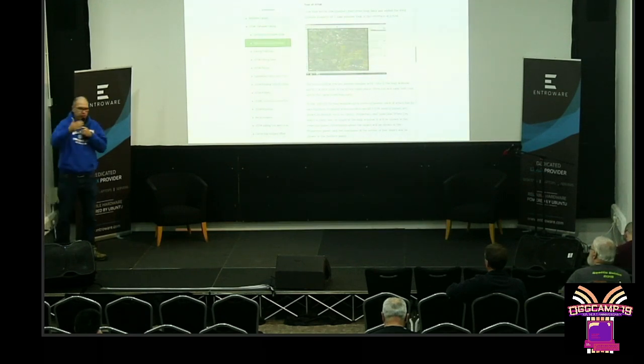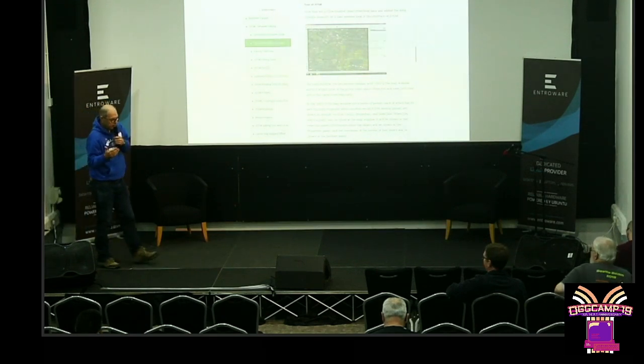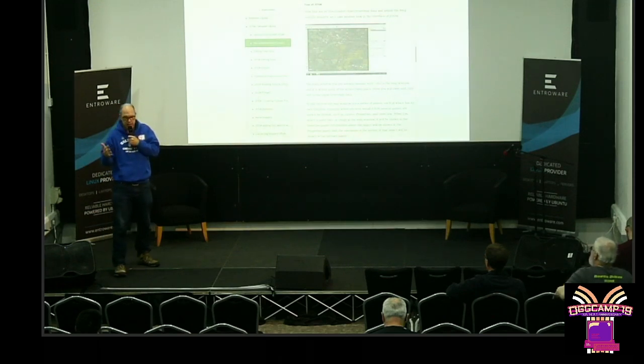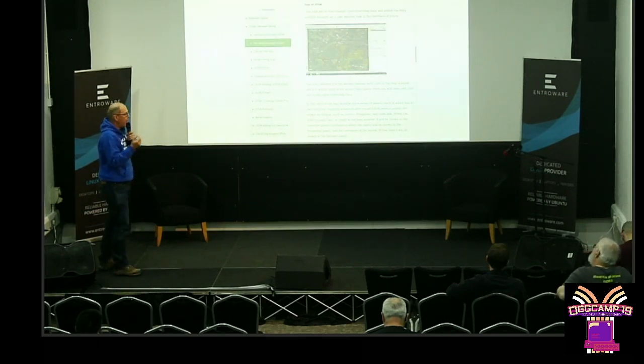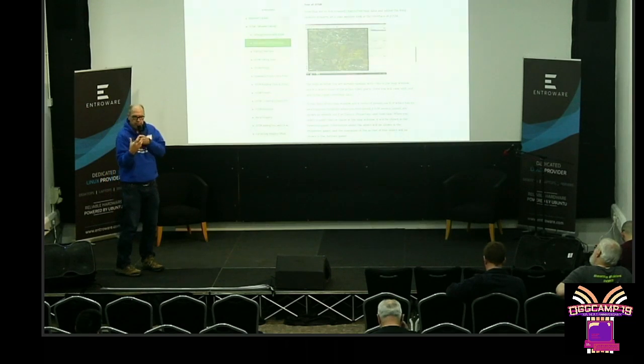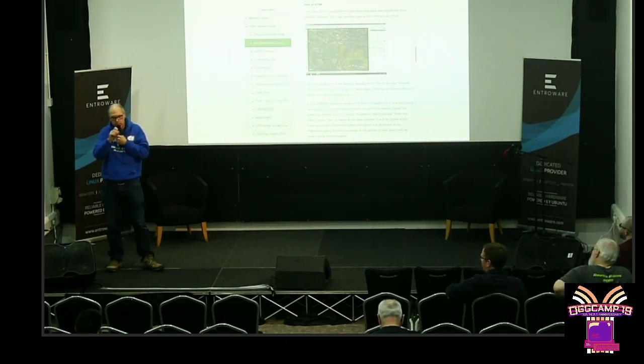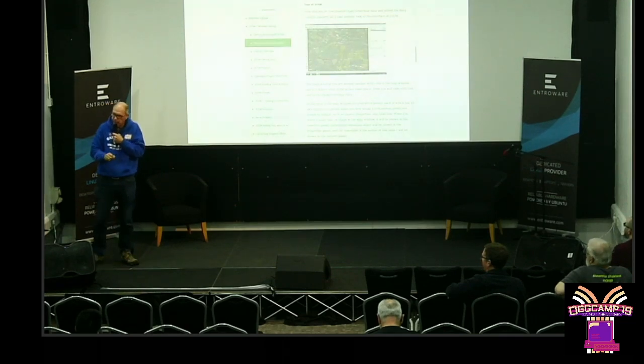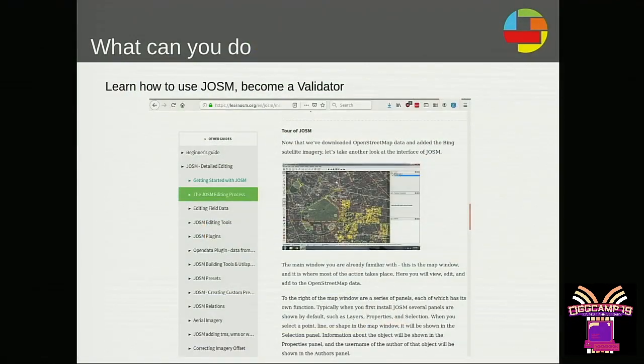There's a process by which these areas get mapped. The first task is you do basic editing, so you're marking out buildings and marking out roads. Then somebody else has a look at that and will validate what you've worked.